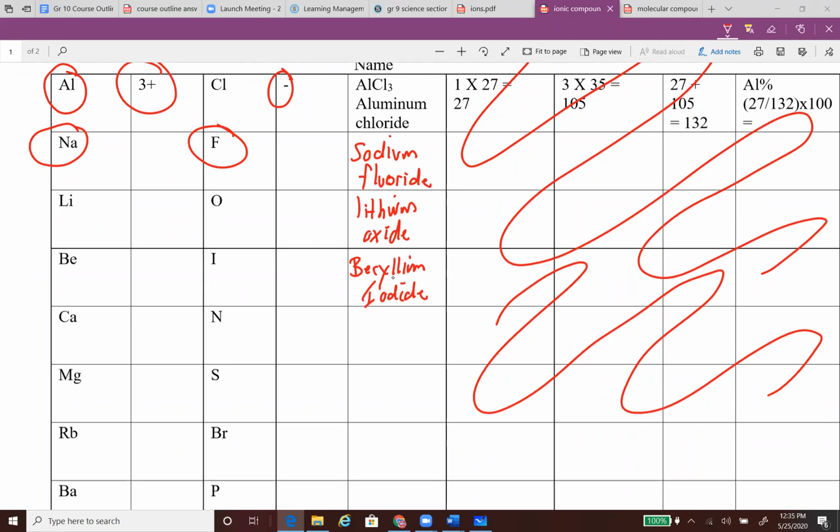So if I look at the next one, calcium and nitrogen, if they form an ionic compound, that would be called calcium nitride. Magnesium and sulfur will be called magnesium sulfide.